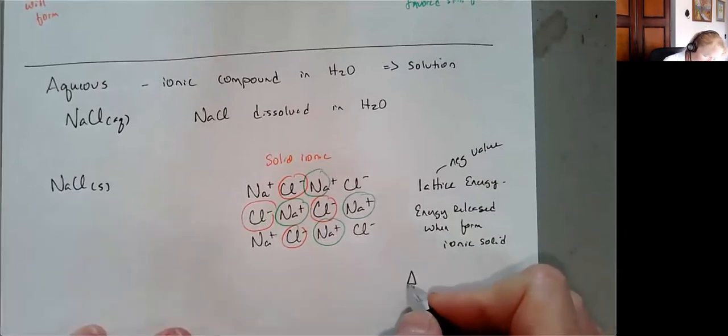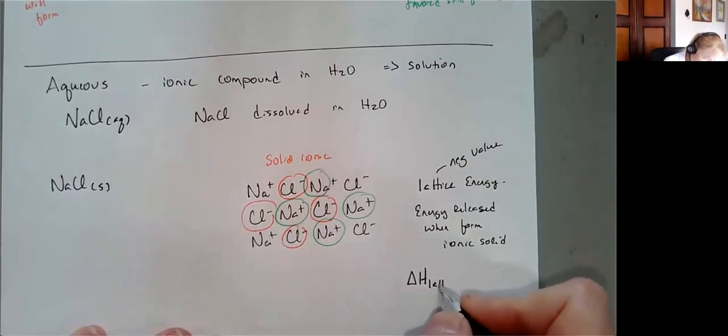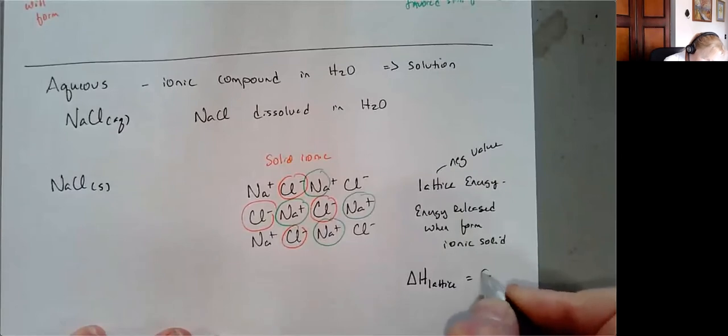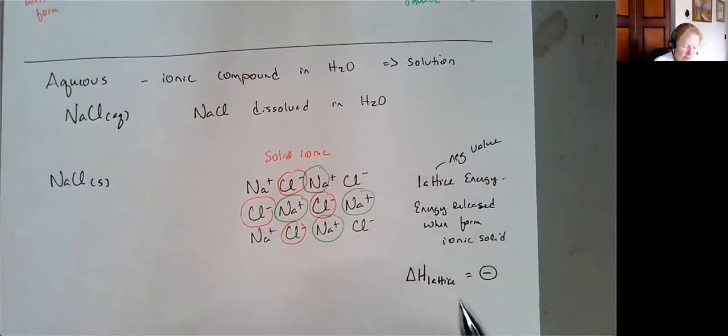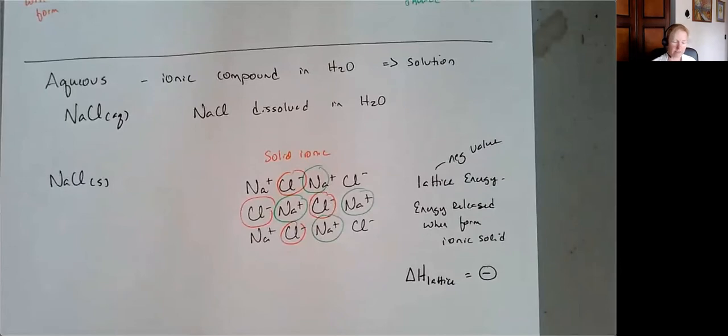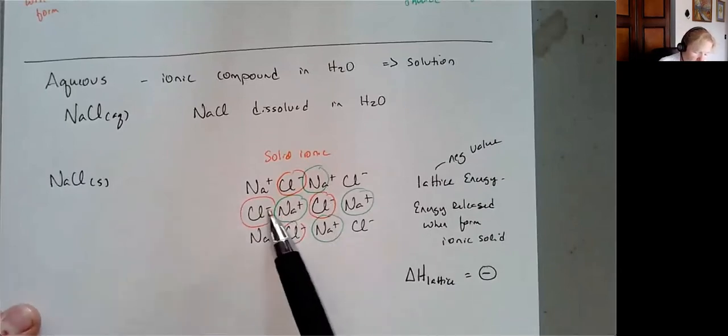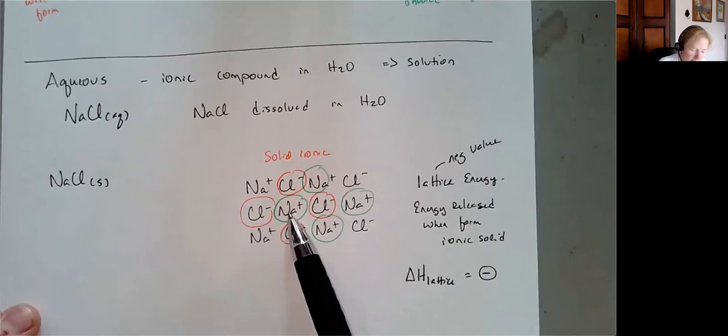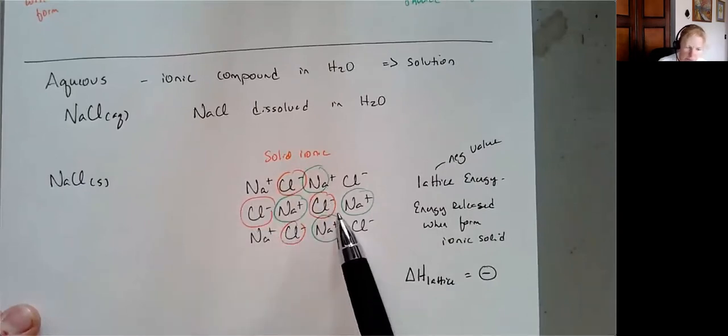So if I look at delta H lattice, that's going to be a negative value, because if I look up lattice energies, those are always going to be negative, because this stabilizes all of these ions and it releases this energy. So for an ionic compound, I have to overcome that lattice energy to break this thing apart, right?